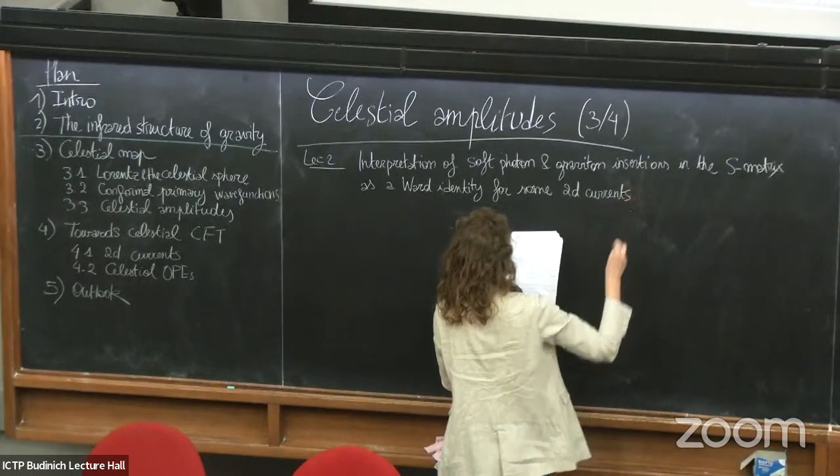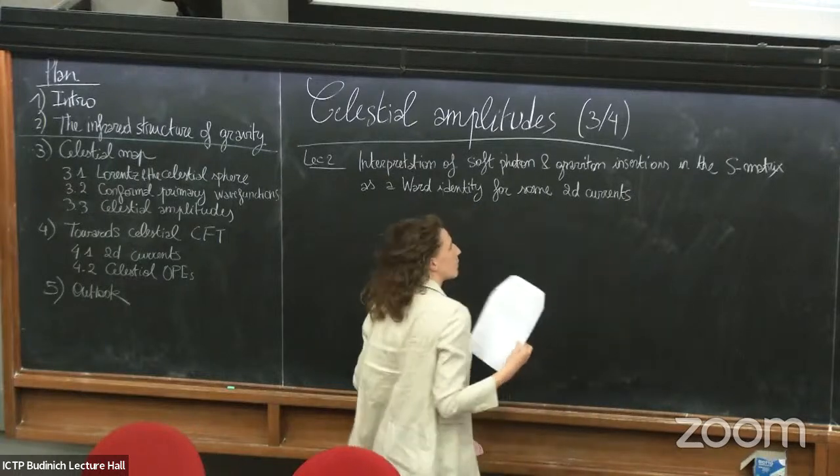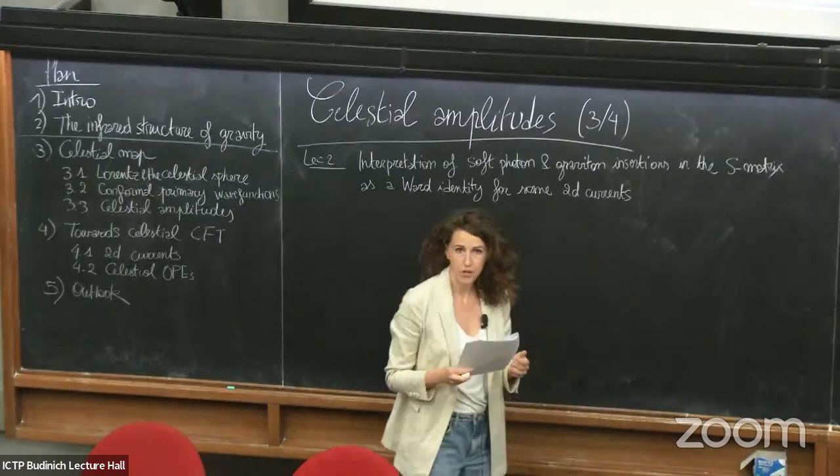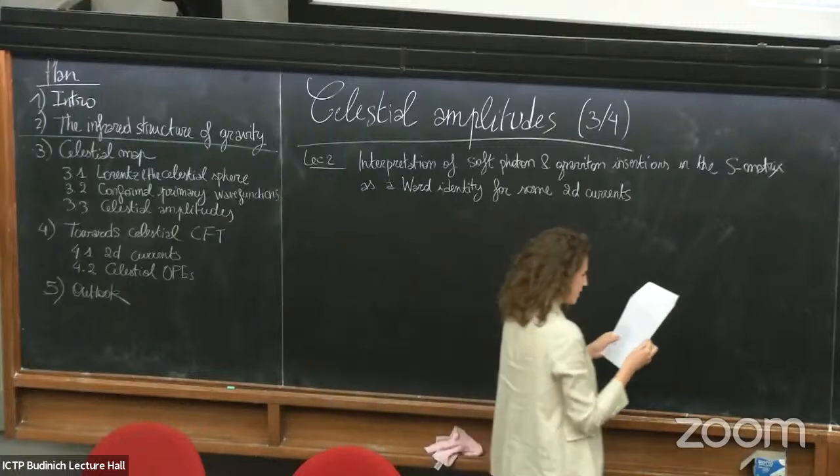And these 2D currents manifest the rich asymptotic structure at the boundary of flat space.